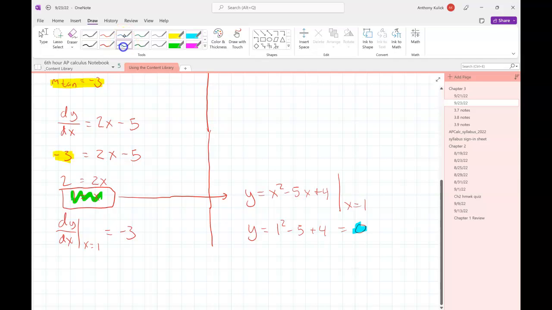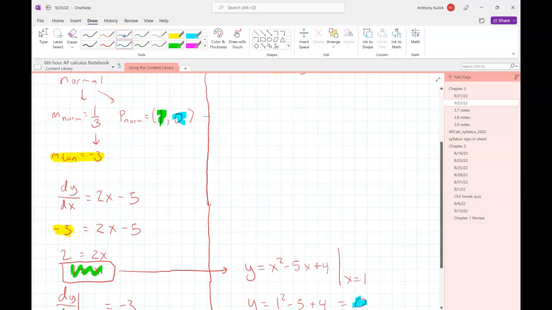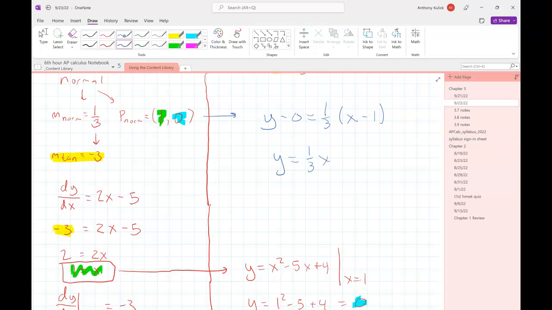And now I have everything I need. So I can say y minus y1 is equal to m times x minus x1, or y equals 1/3 x minus 1/3. Does that feel okay, Blake?